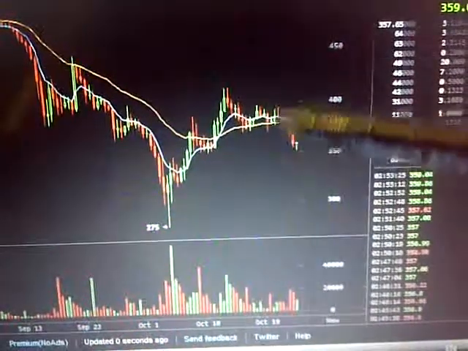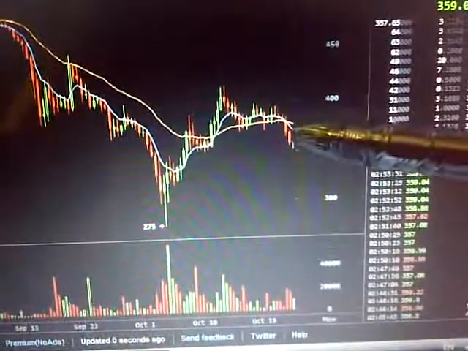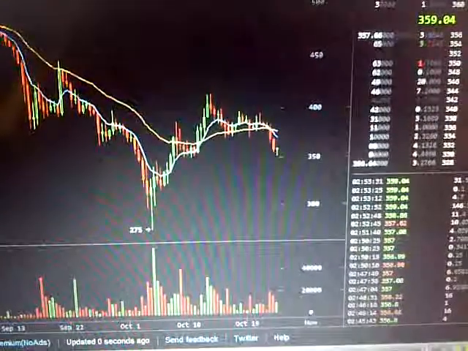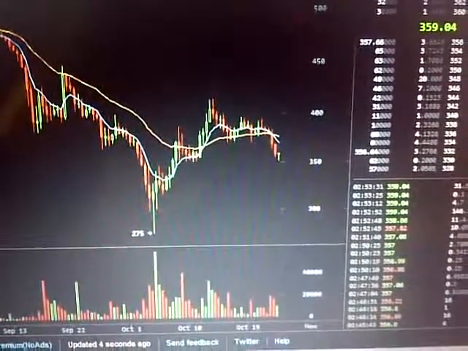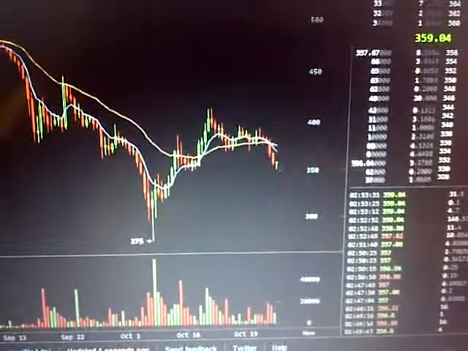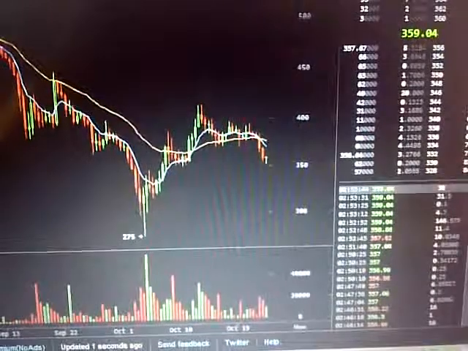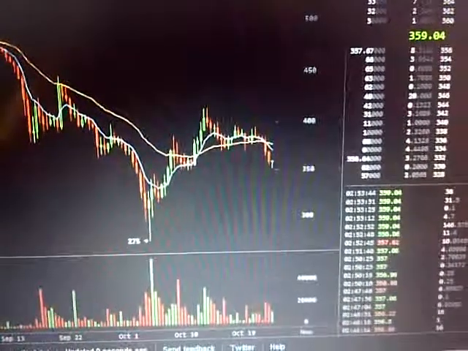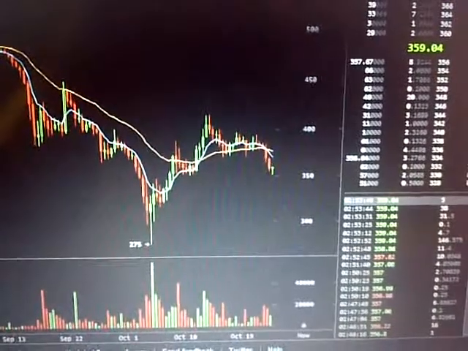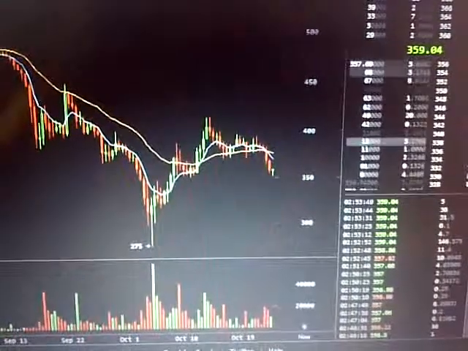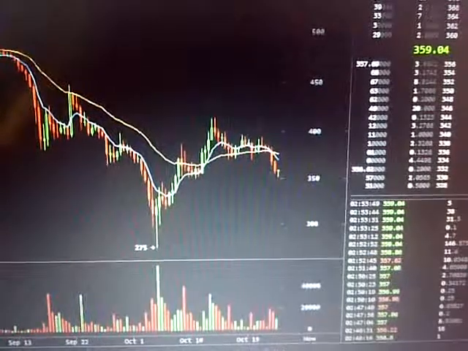These two averages will cross each other many times, until there are more buyers than there are sellers. And so it could be a chance to take advantage of maybe some lower Bitcoin prices.